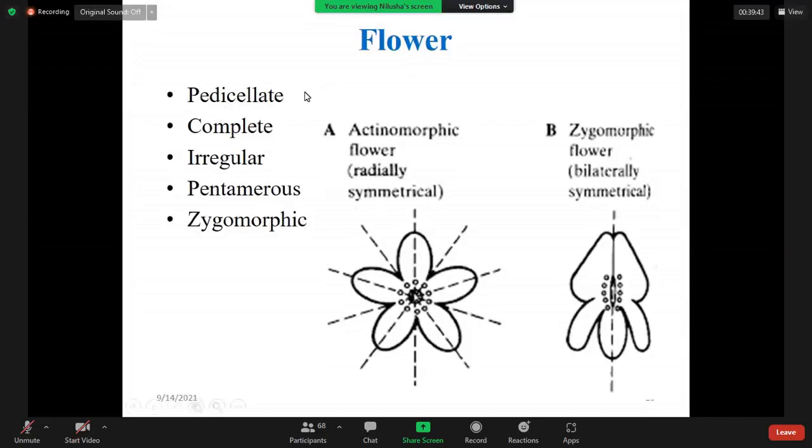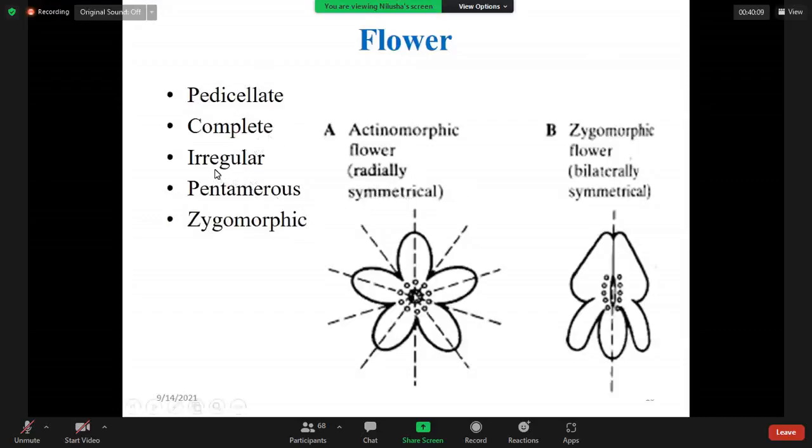Because of the presence of the pedicel, we call this flower pedicellate, and this flower is a complete flower because it contains all the floral parts: calyx, corolla, stamen, and pistil. All the floral parts are present, so we call it a complete flower.